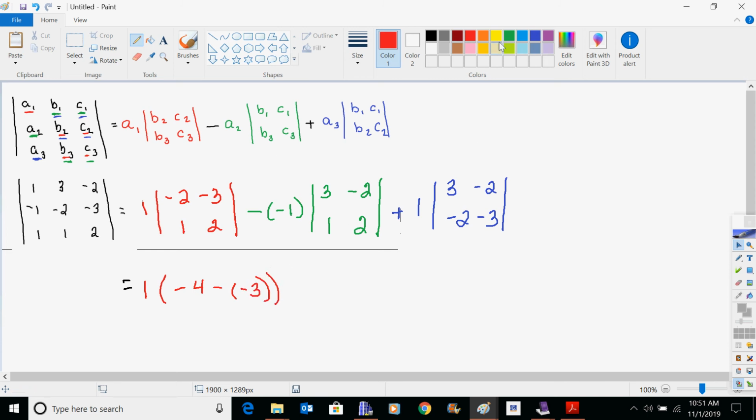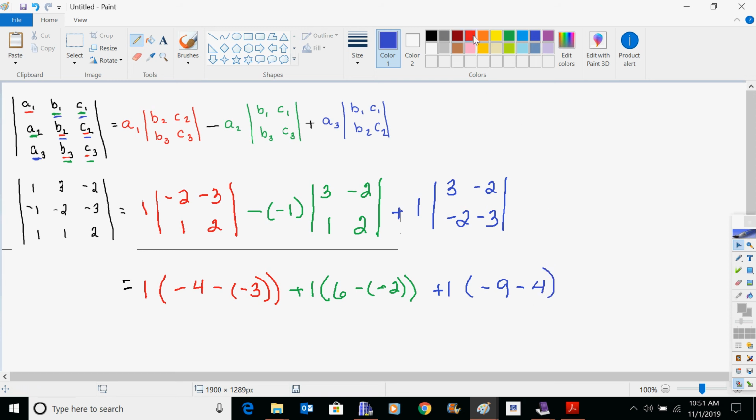All right. Then the next one, minus negative 1, is plus 1 times 6 minus negative 2, which is 6 plus 2, but just for the sake of people seeing it. And then plus 1 times negative 9 minus 4.